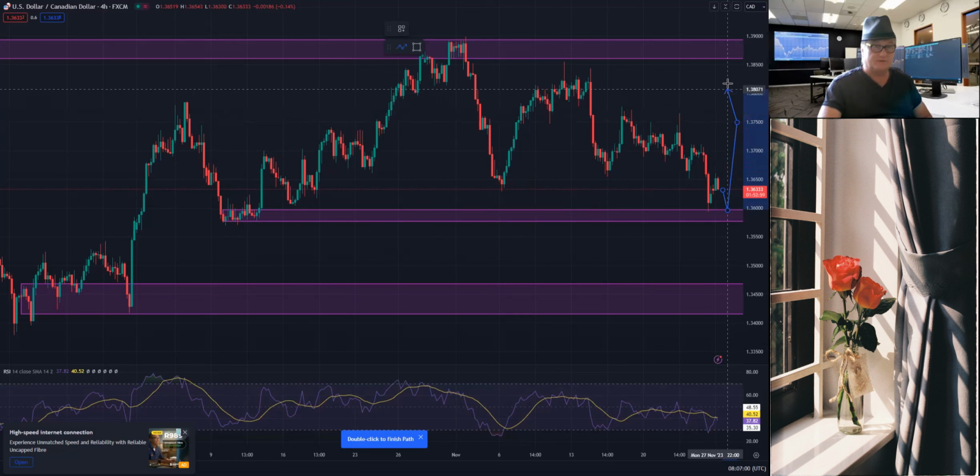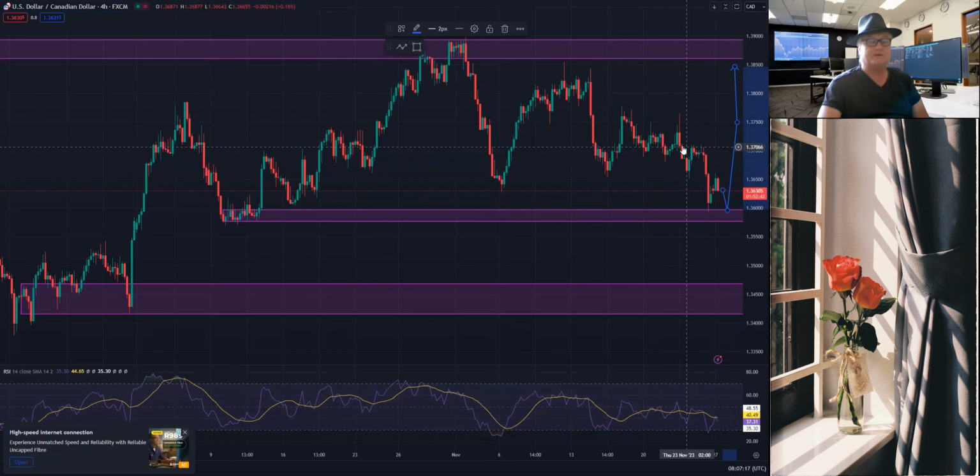So you're looking at a possible move back off this support level here. It could be a demand, and it may go all the way back up to the top here.